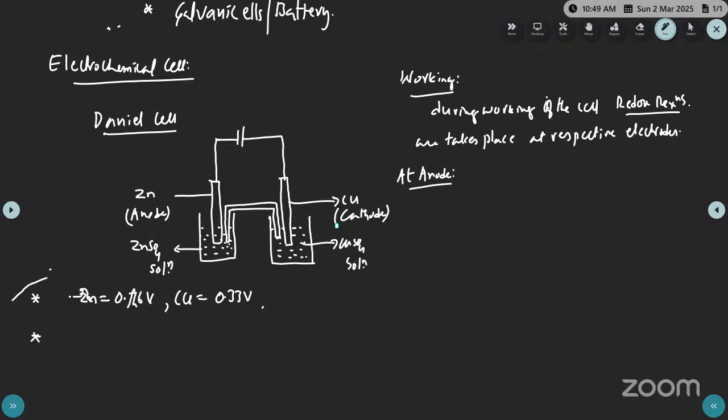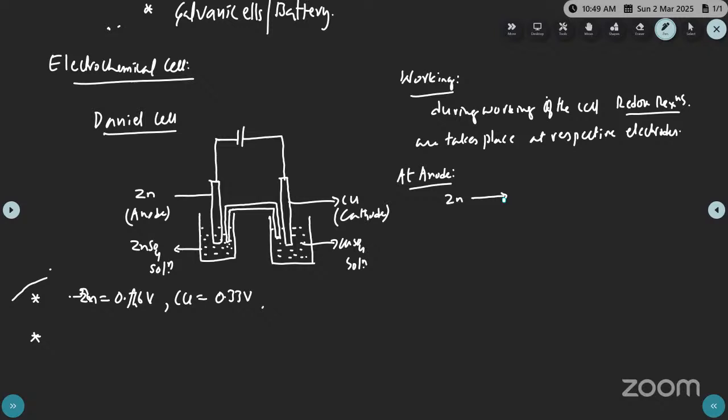Remember, always at anode, oxidation reaction takes place. What is oxidation reaction? In terms of electrons, oxidation can be defined as loss of electrons.